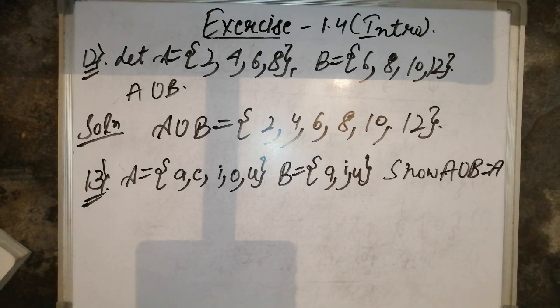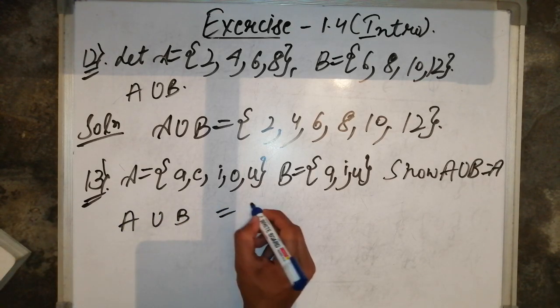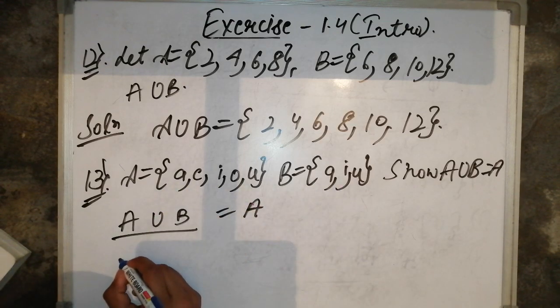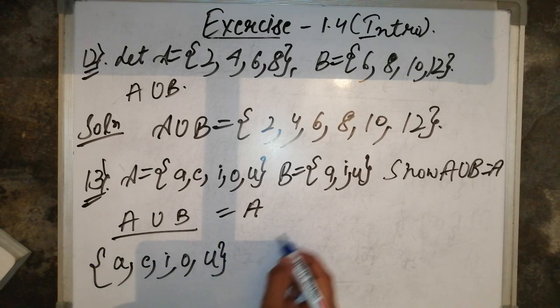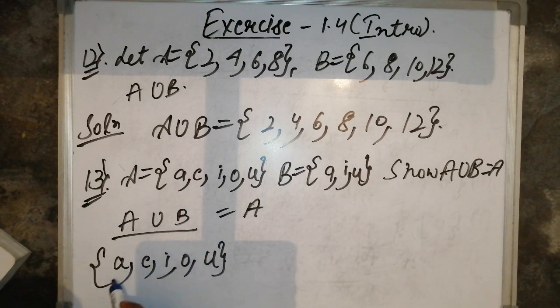First of all, write A union B is equal to A. What is A union B? A union B is only A, E, I, O, U, because the elements of B are A, I, U, which are already present in this A set.